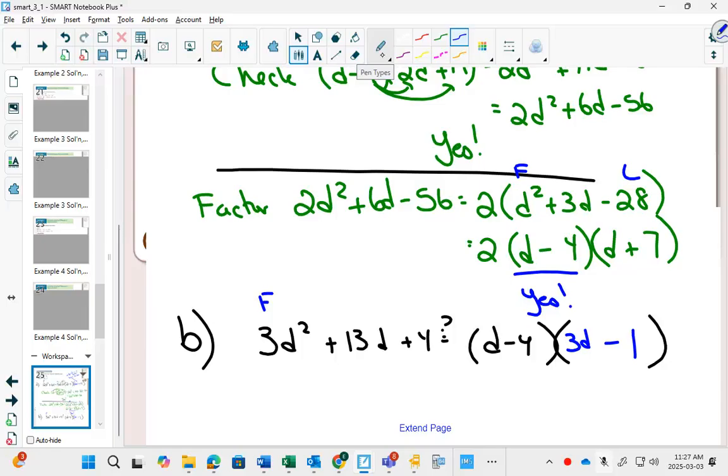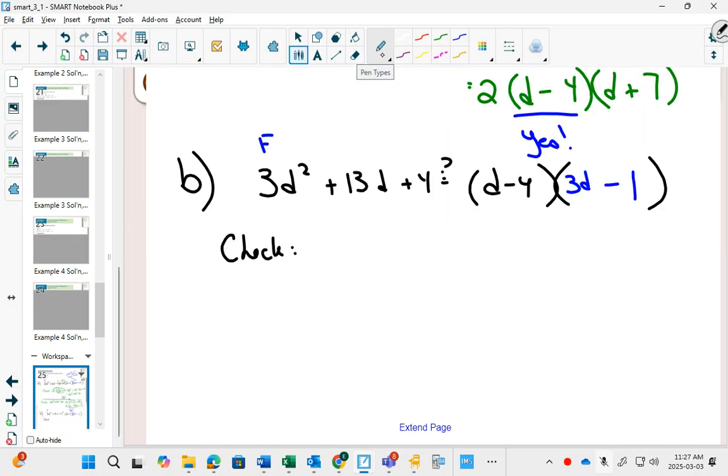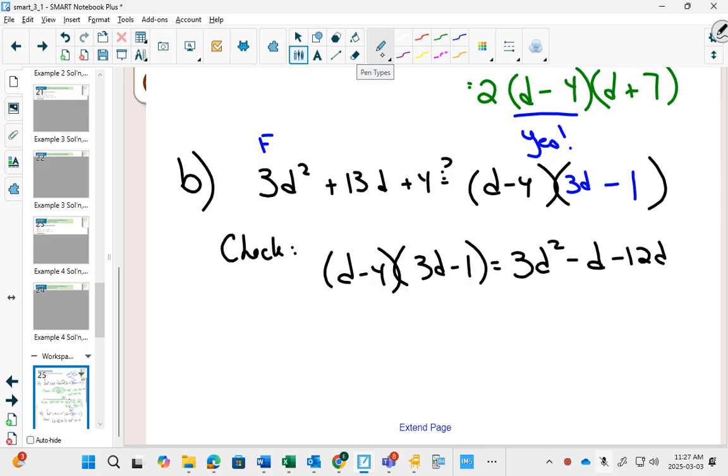Let's do a check. If I take d minus 4 times 3d minus 1, I'm going to get 3d squared minus d minus 12d and plus 4, which is 3d squared minus 13d plus 4. Does it match? No.